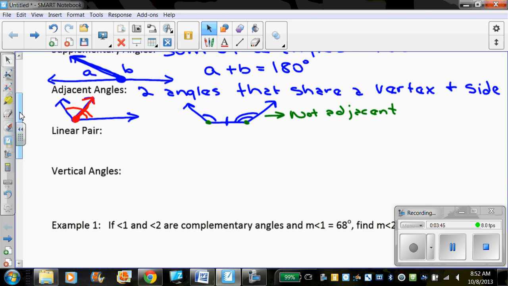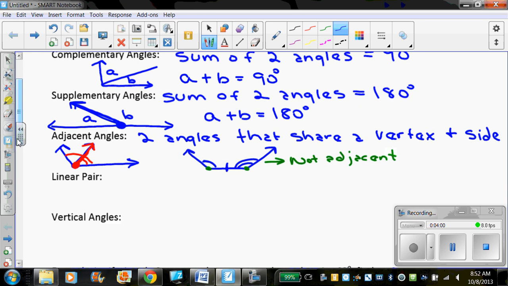The linear pair, huge word, just so you know, linear pair. A linear pair is a set of adjacent angles, so they have to share a vertex and a side, but they are supplementary as well. Let me explain that again. If it's adjacent and if it's supplementary, then it's a linear pair. So we start with this 180 degrees, that's the easiest way to say it.